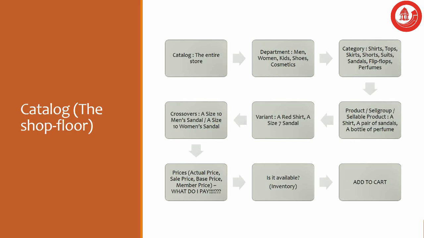Think of it like this. You went to a store, you like a red shirt, but you are not able to find it in your size. So you go to the customer service desk and ask them, can you please check if this is available in my size? This is the size that I'm looking for. They will go and check somewhere.